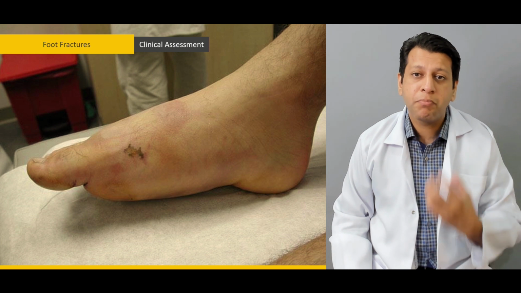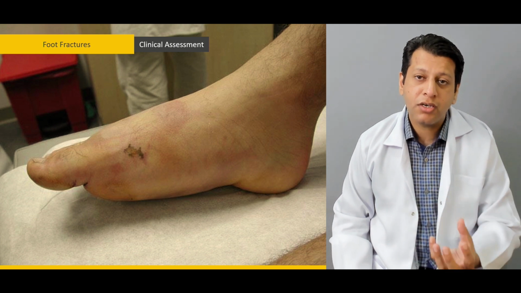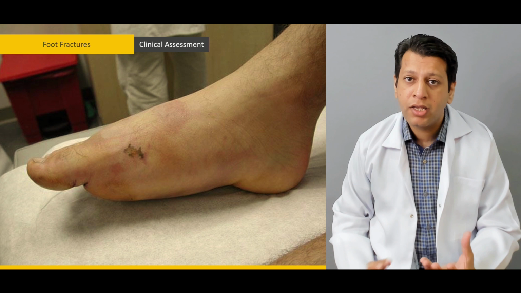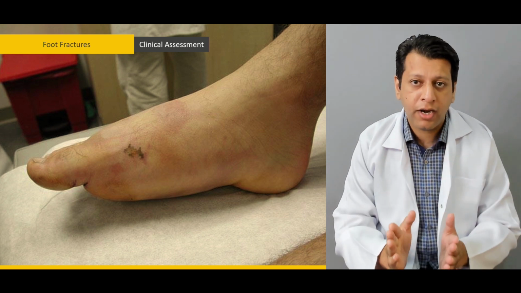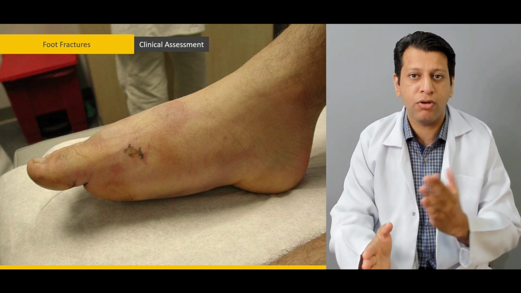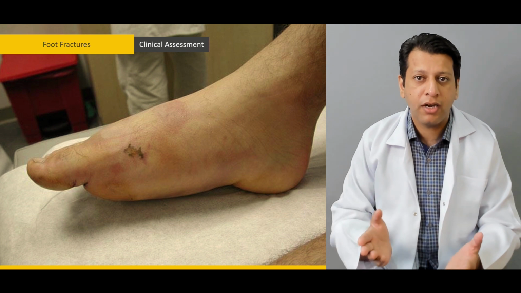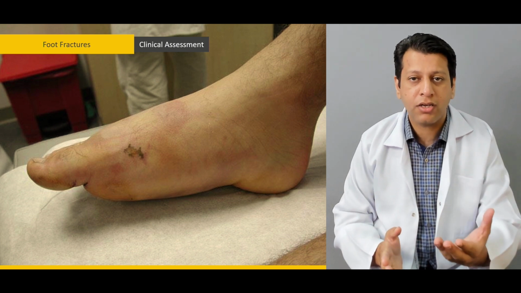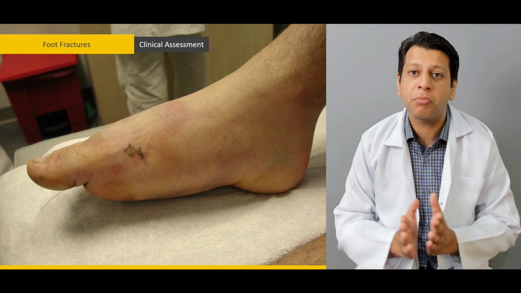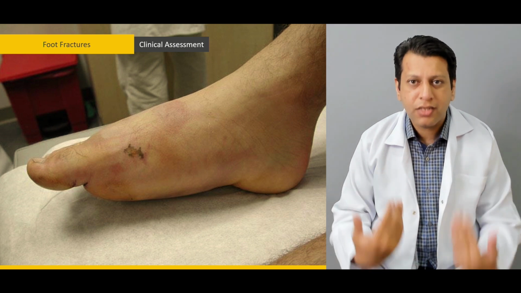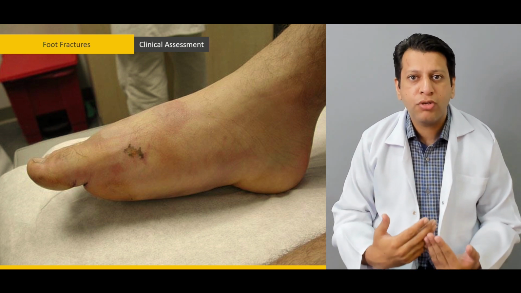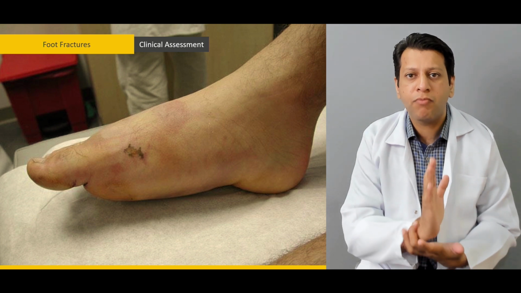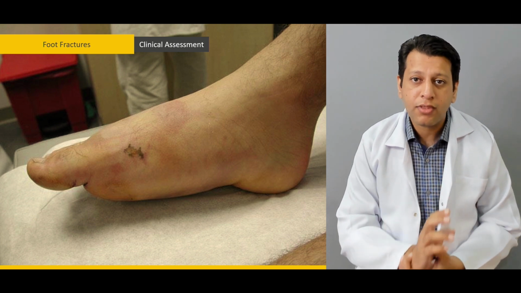So if the patient is able to give you enough history that he or she was applying brakes and the car had a head-on collision with a wall or hit another car, you can automatically sense that the position of the foot during the trauma was in some form of dorsiflexion.